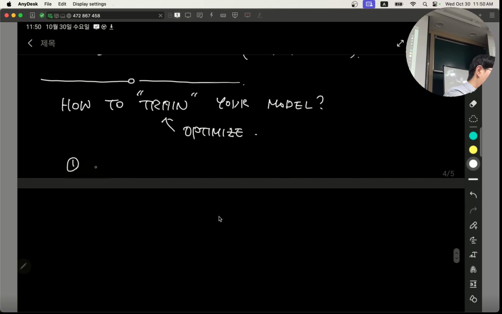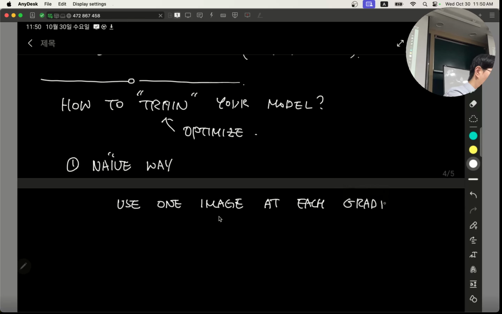So the naive way is to use one image at each gradient descent.